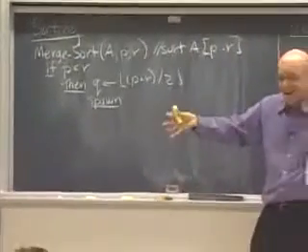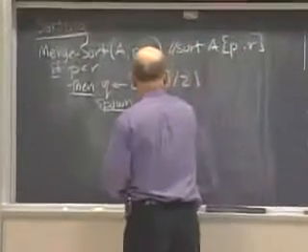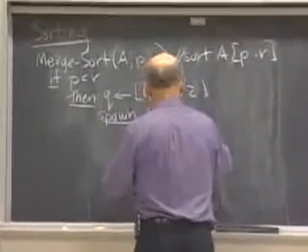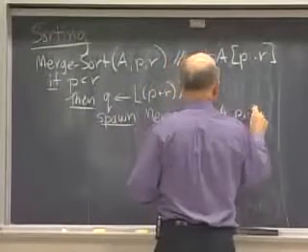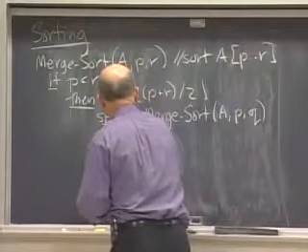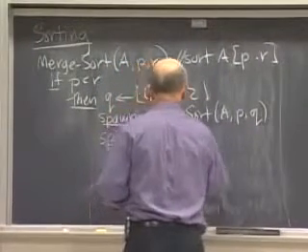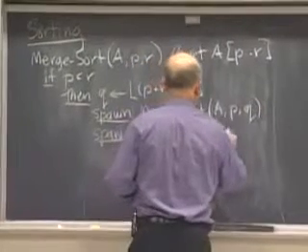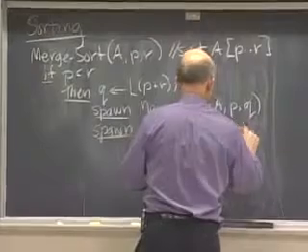There's no reason not to do those in parallel. Let's spawn off merge sort of A, P, Q, and spawn off merge sort of A, Q plus 1, R.